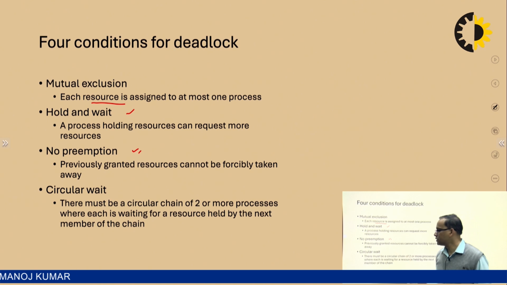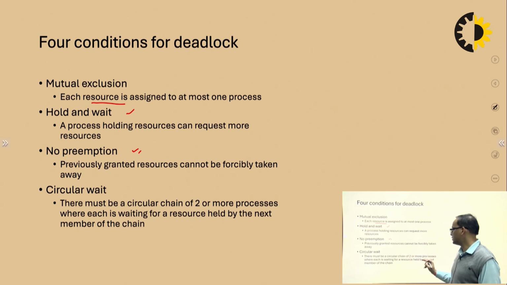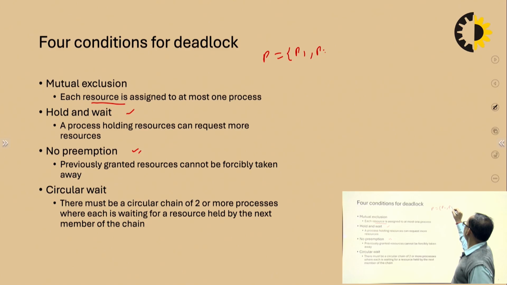The last one is the circular wait condition. It means there must be a circular chain of two or more processes where each is waiting for a resource held by the next process in the system. Suppose there is a process set with n processes P1, P2, P3, up to Pn.